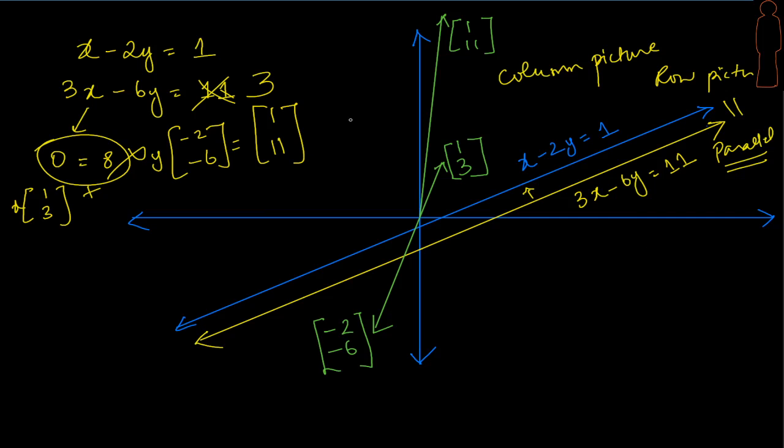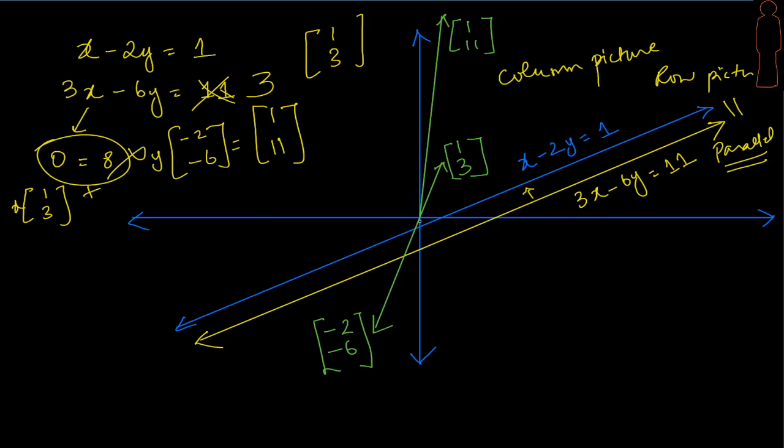In the column picture, we have the vector 1, 3 here in green, minus 2, minus 6 here, this side in green, and the right hand side is not 1, 11, we have this vector again 1, 3, right? And very easily we can walk to 1, 3 just by using the same vector 1, 3. Okay, that's one solution. Can we try and produce one more solution?